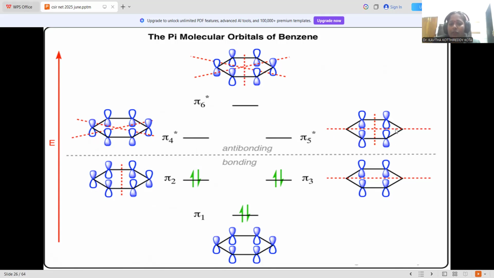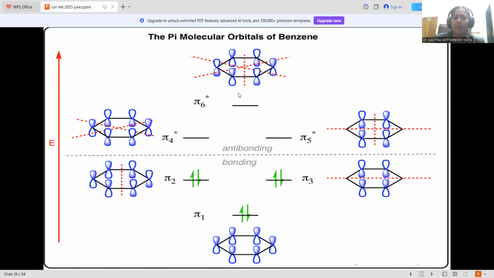And you can notice 1 horizontal and 1 vertical plane in psi 5 star. So these 2 are said to be the lowest unoccupied molecular orbitals, where the orbitals are empty. You can't find any electrons over there. That's the reason why psi 4 star and psi 5 star are said to be LUMO orbitals.